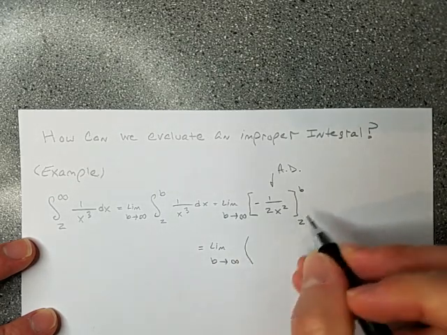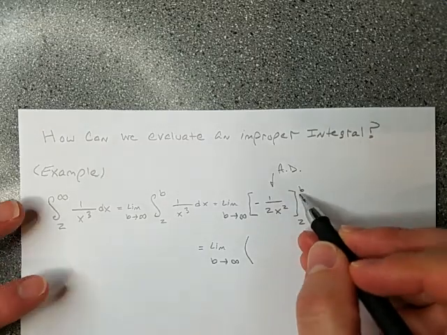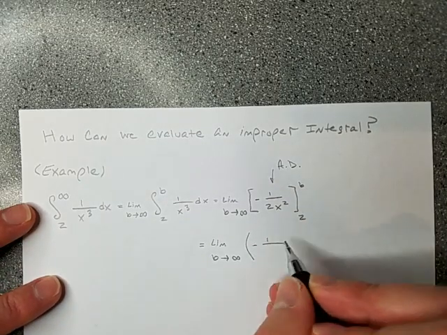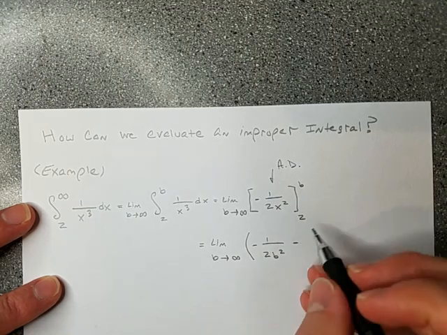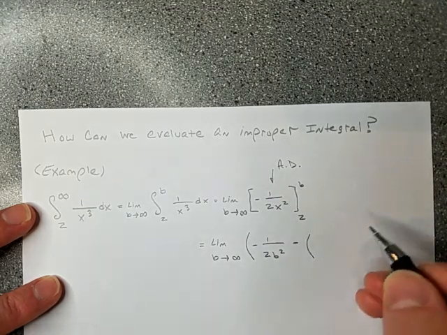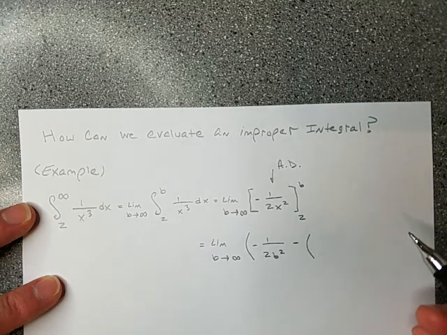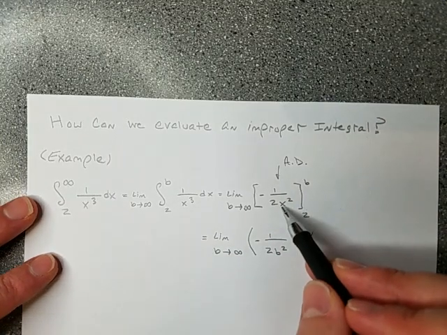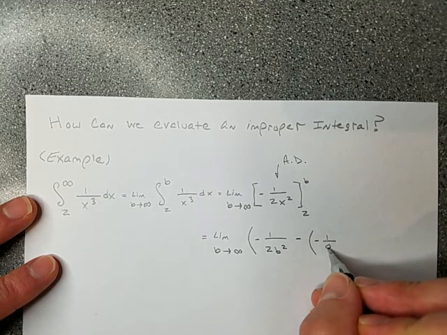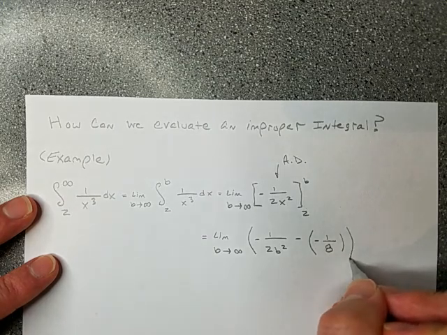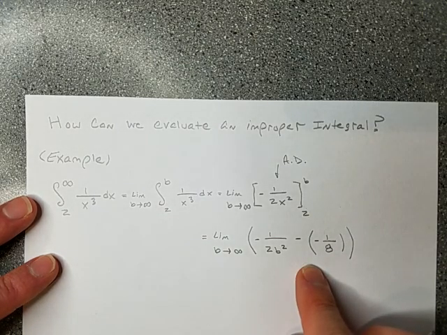That would be this number b. I get -1 over 2b squared minus, and then I put in this lower limit of integration. And when I put 2 into that, I'm going to get -1 over 8.